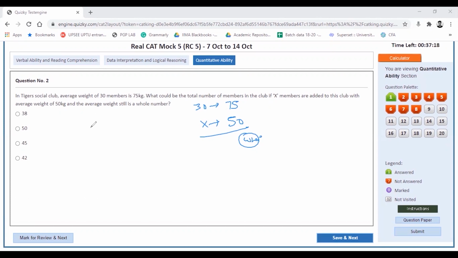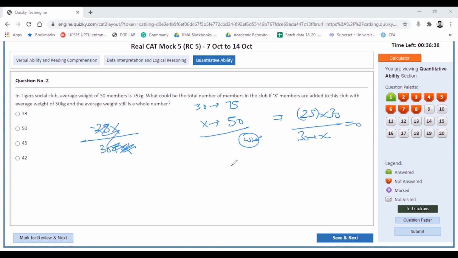So the decrease in weight that is coming because of these x is minus 25 times x divided by 30 plus x. Or maybe if I try to write it the other way, I can assume that 50 people with x were present and 30 people with 75 weight came into the picture, and that gave me a whole number of the average weight. So that would give me 25, that is the difference of weight, into 30 divided by 30 plus x. This should be a whole number.